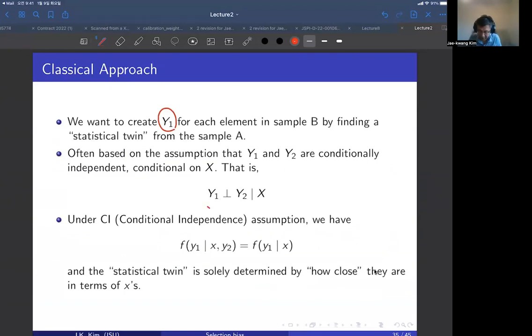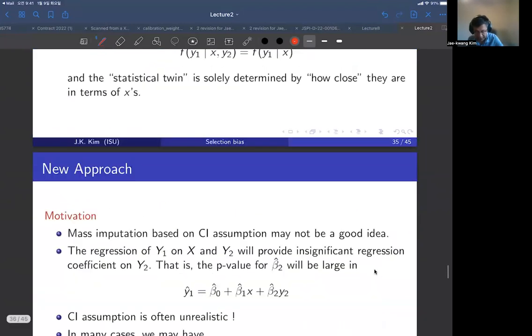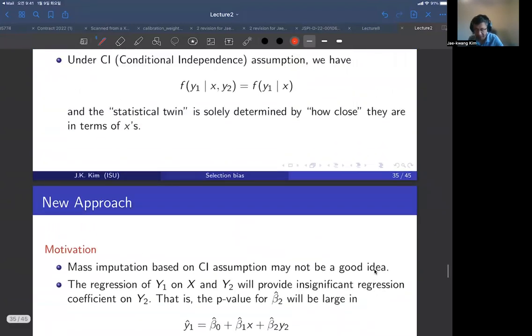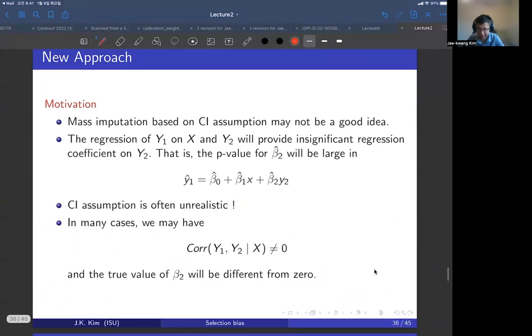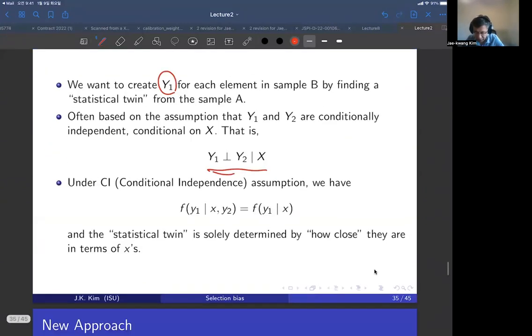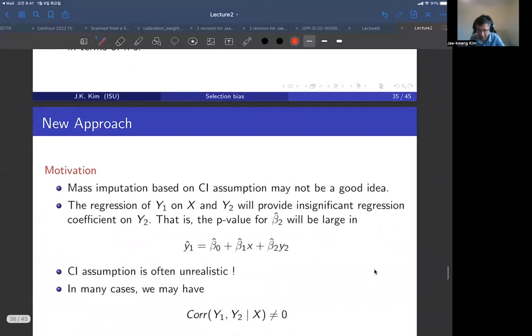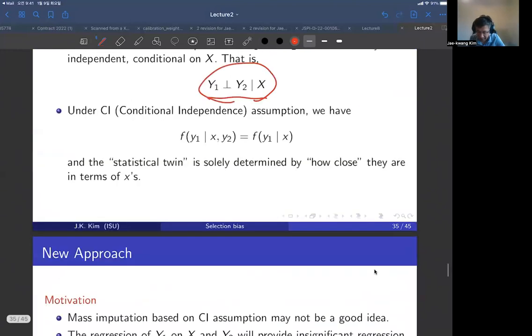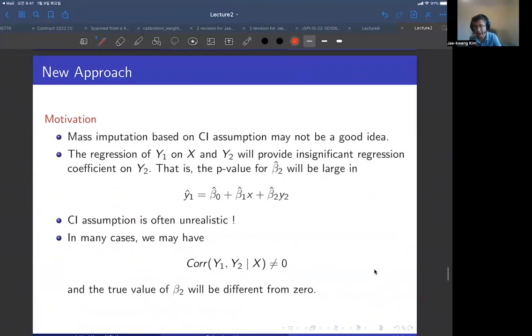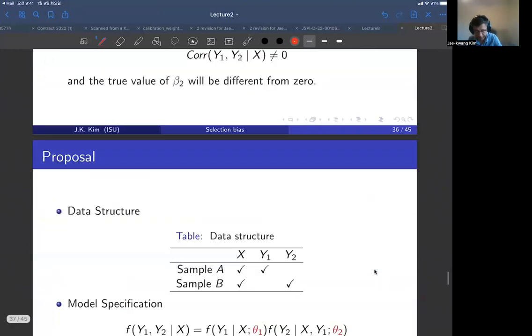And that is based on this conditional independence assumption. And that is a little bit misleading. I wrote some reasons. Basically, you use this assumption to create the imputation, and then later you use it to analyze the data. Then you are kind of messing up the data.